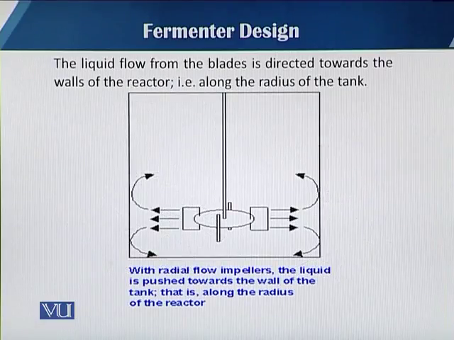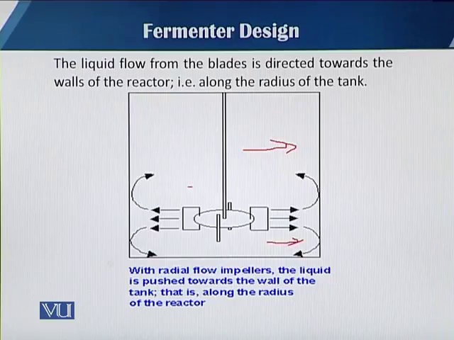In this slide you can see, with a radial impeller or radial flow, the direction of the medium while the impellers are agitating. You can easily see, as I have already told you, the medium is pushed toward the periphery, parallel to the radius of the fermenter.